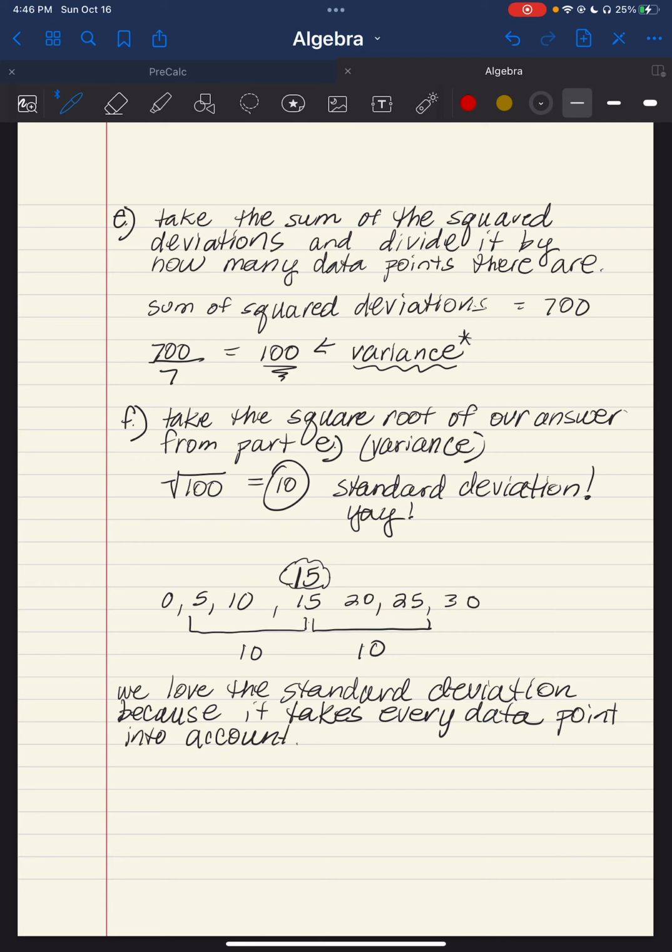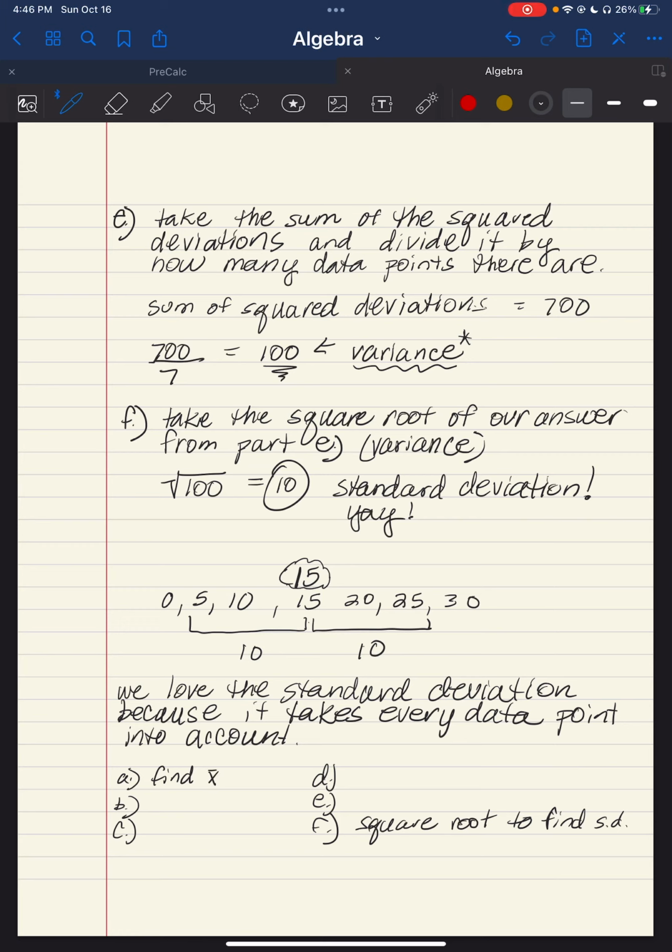And then last but not least, if we could write those steps, kind of like A, B, C, D, E, F. So let's see. We know that F was the square root. That's the square root to find the standard deviation, right? And then here, I think step A was that we find the mean.